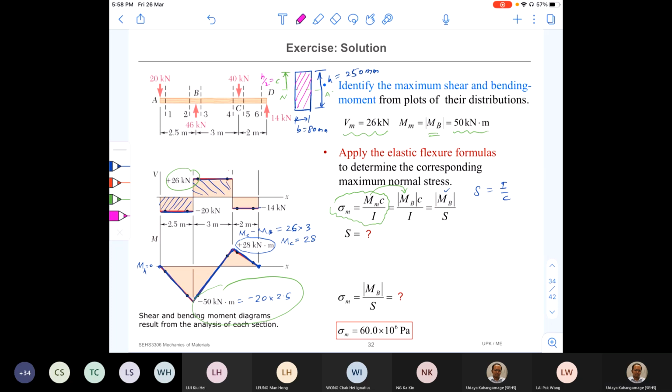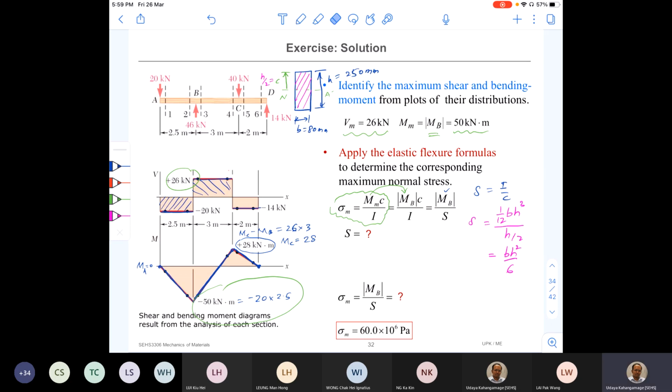S is equal to 1 over 12 B into H cube, that is the moment of inertia of the rectangular cross section, divided by C. C is H by 2. If you simplify this, we can find the value of S in terms of B and H. It is BH squared over 6.